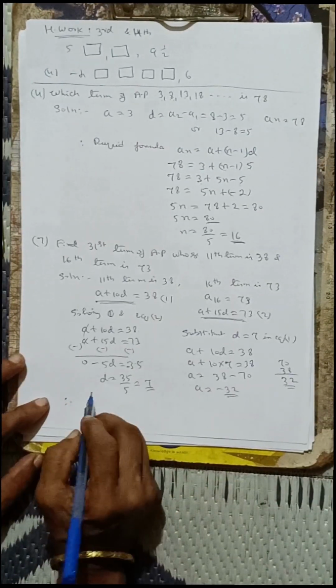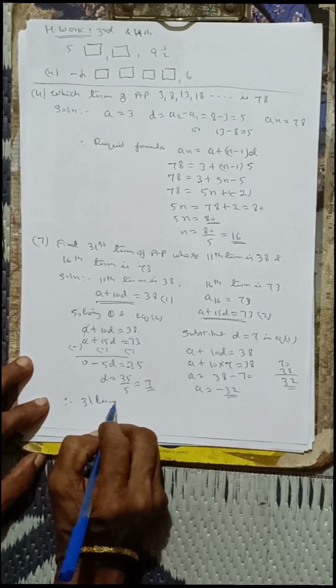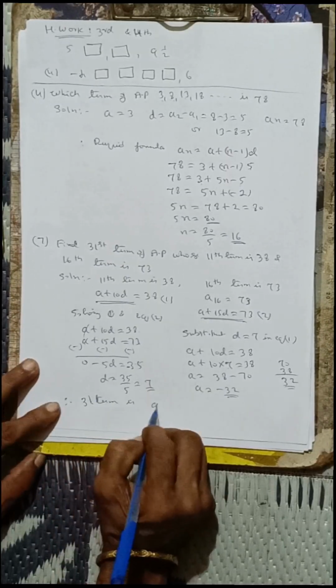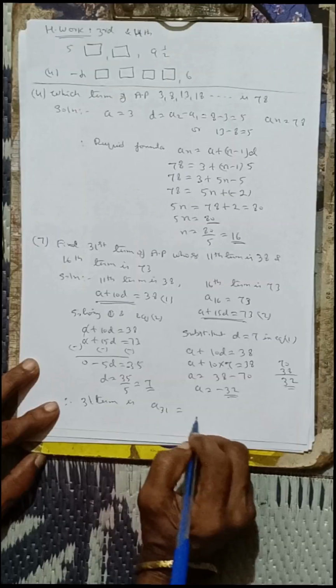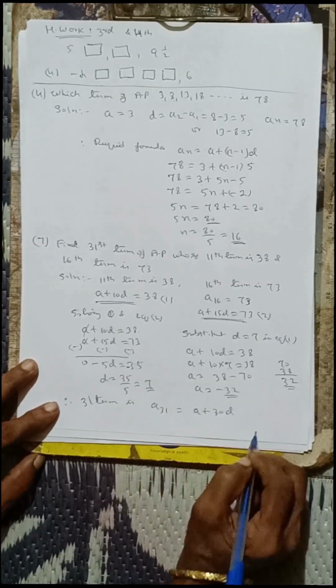Therefore the 31st term is A31 equal to A plus 30D.